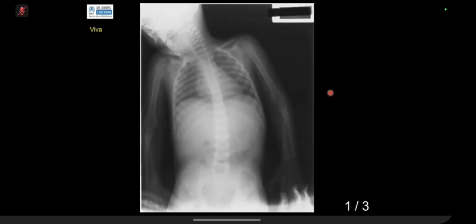Regarding the right humerus, I can see a lytic area in the proximal aspect of the right humerus. In my routine practice, I will also zoom this image or look for a right humerus dedicated radiograph.